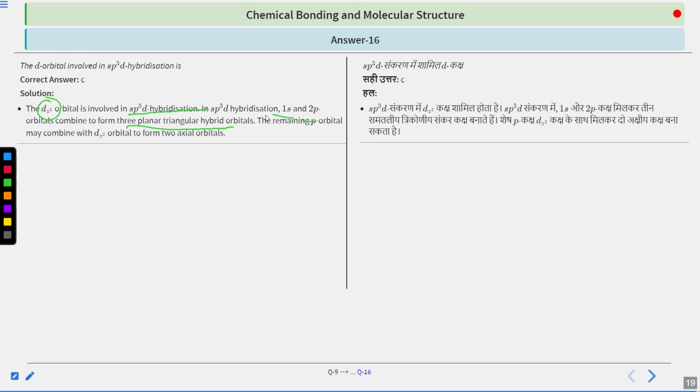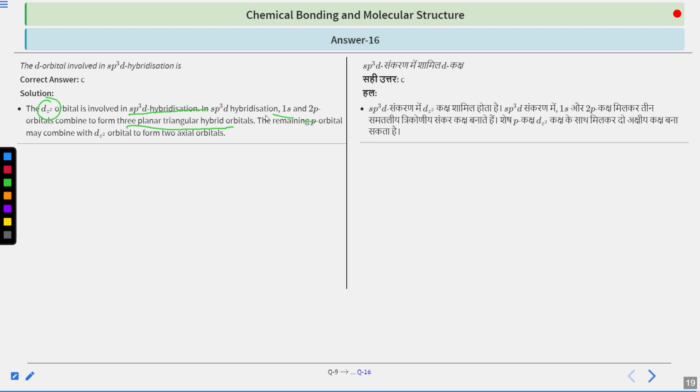The reason is that dz square has only 2 lobes, while all the other orbitals have 4 lobes. The electron density is not diffused among 4 lobes but is localized on the 2 lobes.